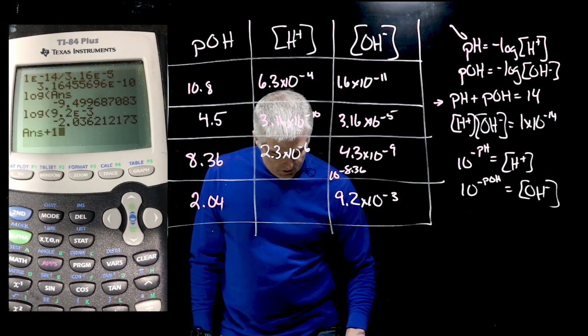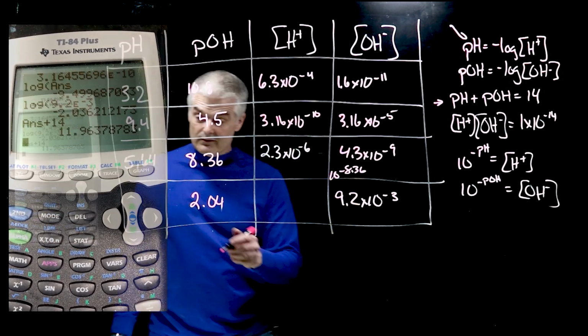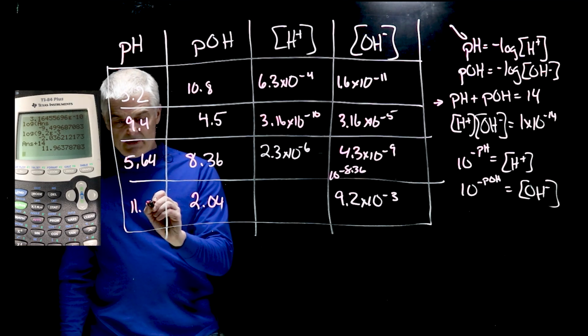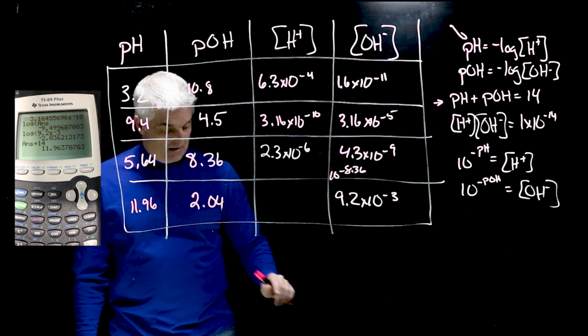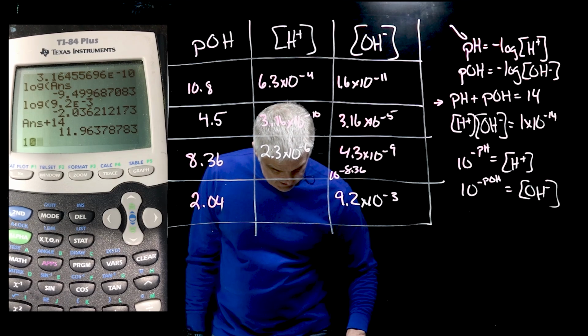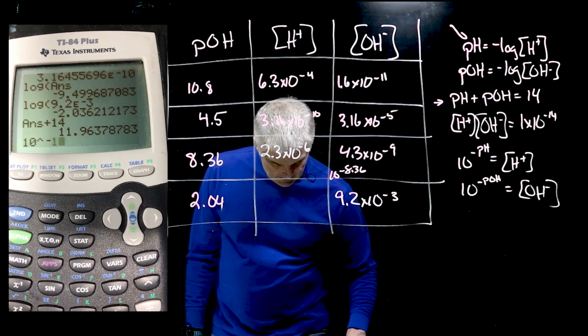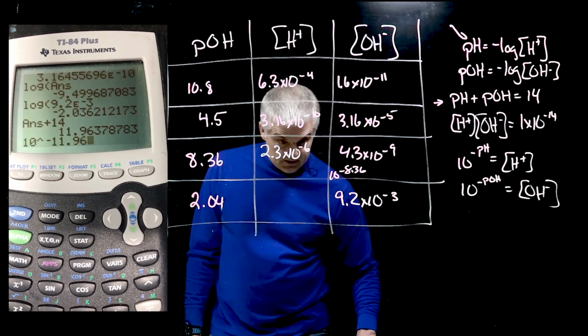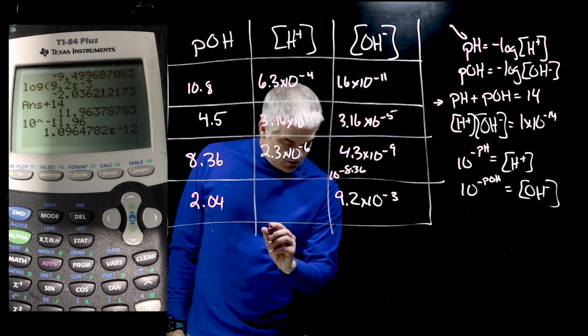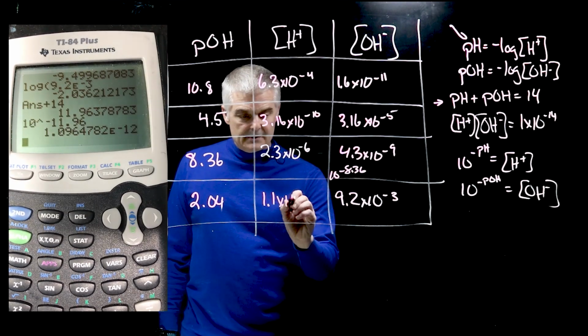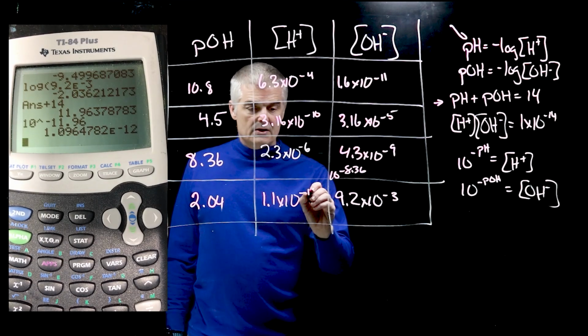But if I just add 14, that's like taking 14 minus 2.04. And that gives me 11.96. And now I'm going to do 10 to the power of negative 11.96. Gives me the hydrogen concentration, which is 1.1 times 10 to the minus 12.